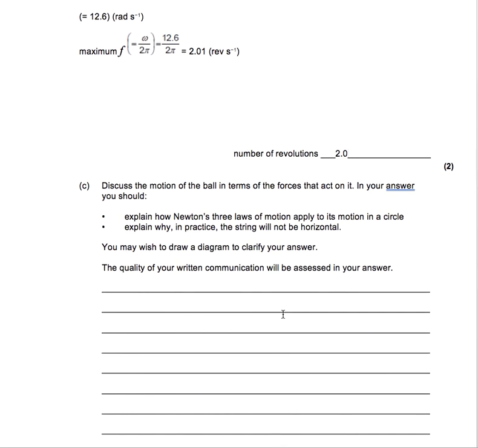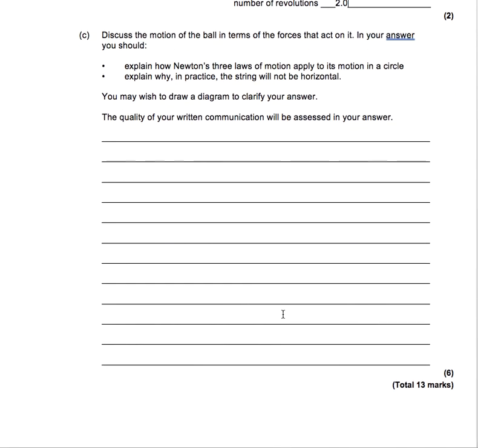So the final part of the question, part C: discuss the motion of the ball in terms of the forces that act on it. Your answer should explain why Newton's 3 laws of motion apply, and explain why in practice the string will not be horizontal.